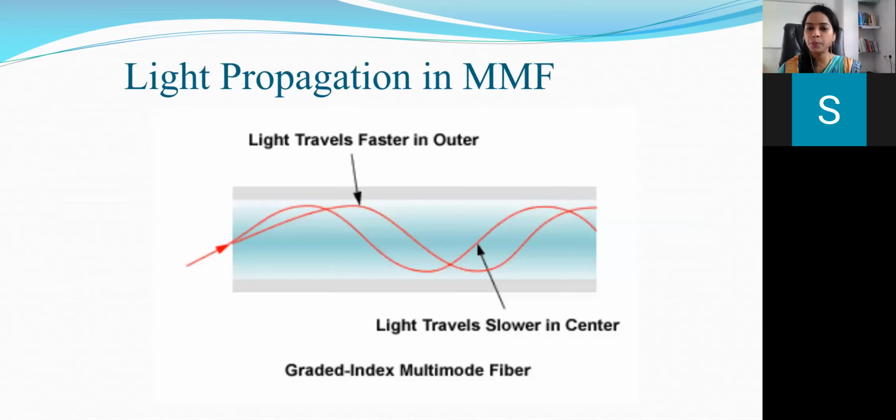Now, how does the light propagate in multimode fibers? This is how we enter the light. We have seen the block diagram of the optical fiber communication system. In that block diagram, whatever message we want to transmit to a particular end, we have to encode in the form of light, and then transmit it through optical cables.